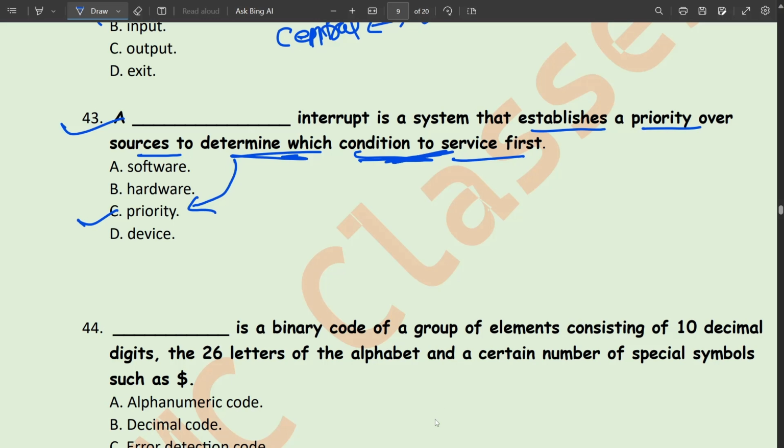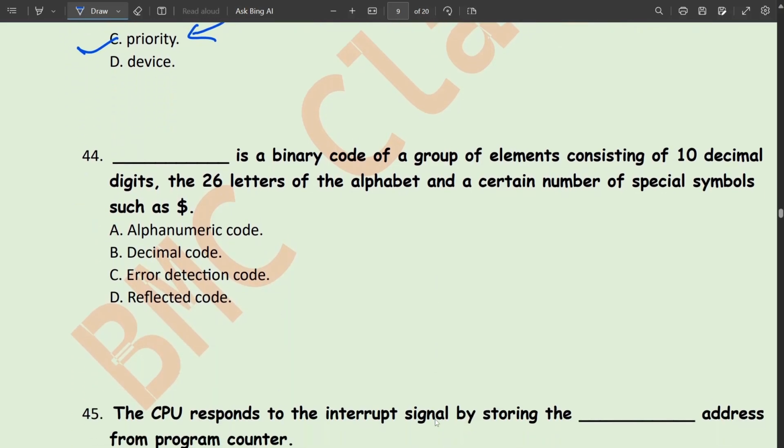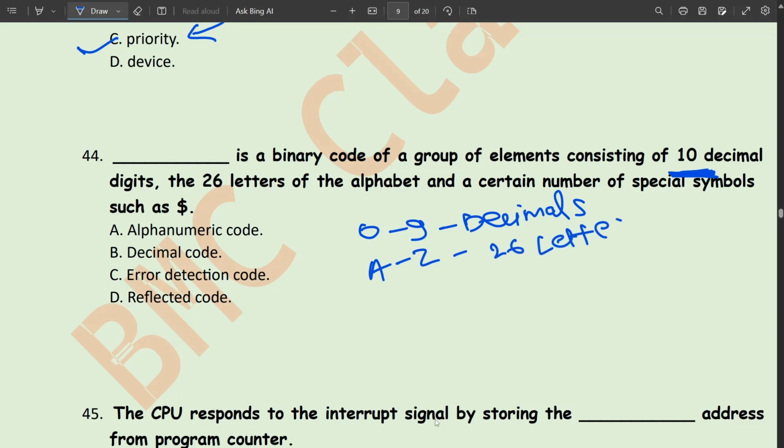Next, a binary code of a group of elements consisting of 10 decimals 0 to 9, the 26 letters A to Z, and some special symbols like dollar sign, @, asterisk. These types of codes are called alphanumeric code. Option number A is correct.